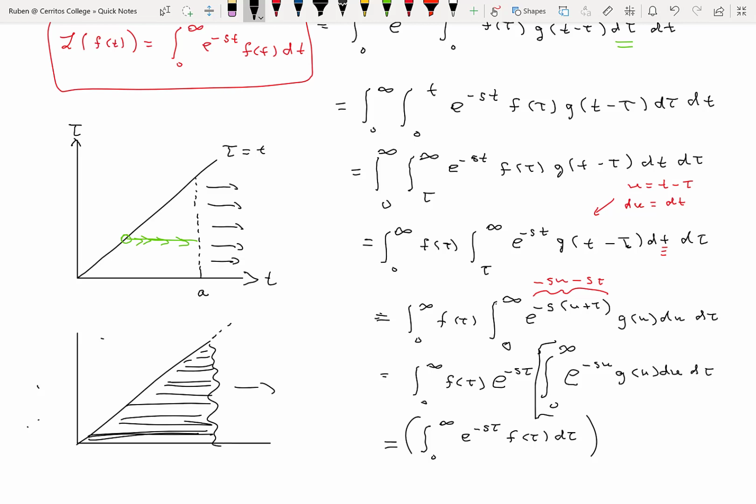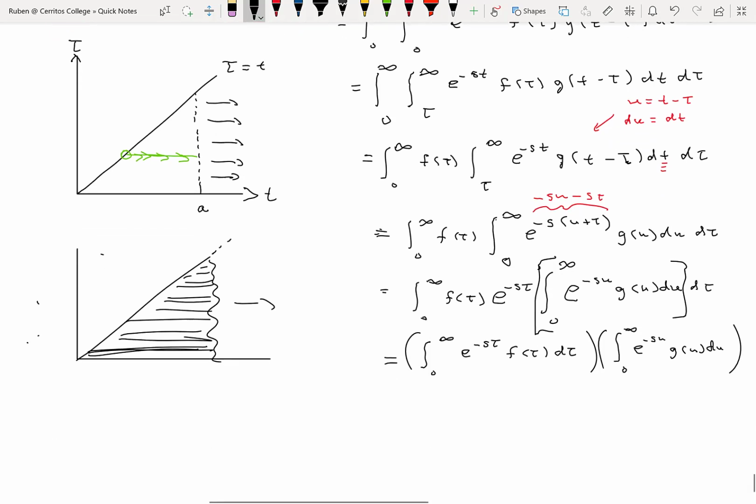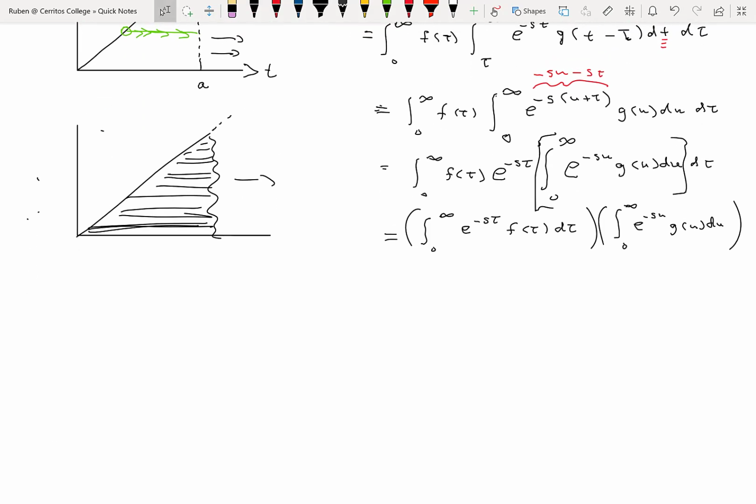The innermost integral is not a function of tau, so it's constant with respect to tau. 0 to infinity, e to the minus su g of u du. And for you non-math majors, here's your relief. This is the big result.